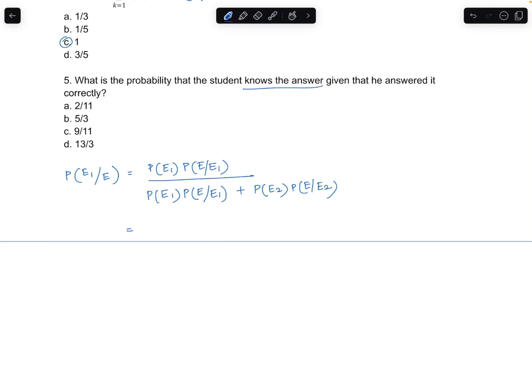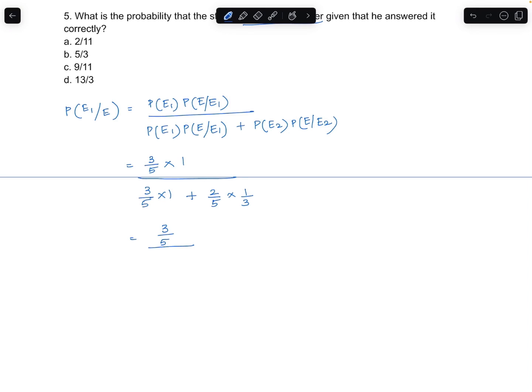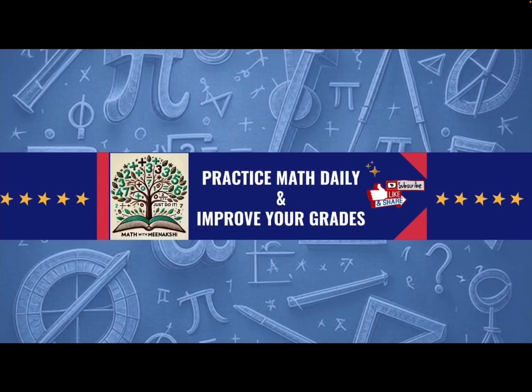P of E1 is 3 by 5. E given E1 is 1. So 3 by 5 times 1 by 3 by 5 times 1 plus 2 by 5 times 1 by 3, which is equal to 3 by 5 by 11 by 15. On simplifying it further, we will get the answer as 9 by 11. So answer is C.